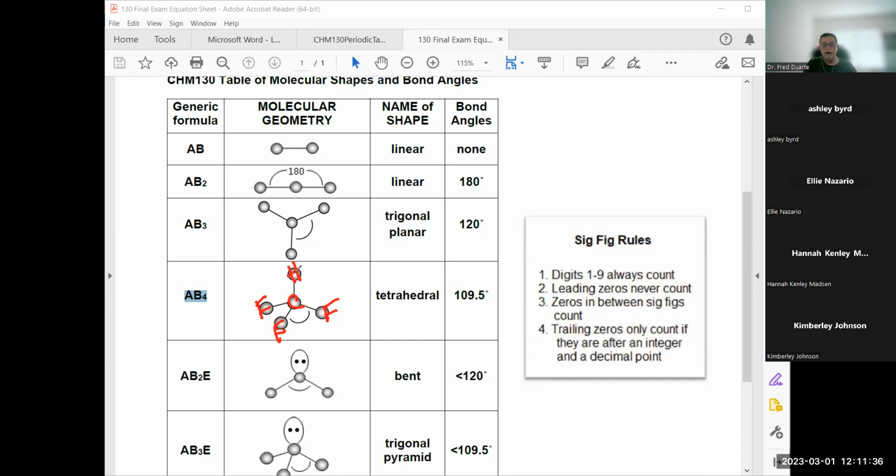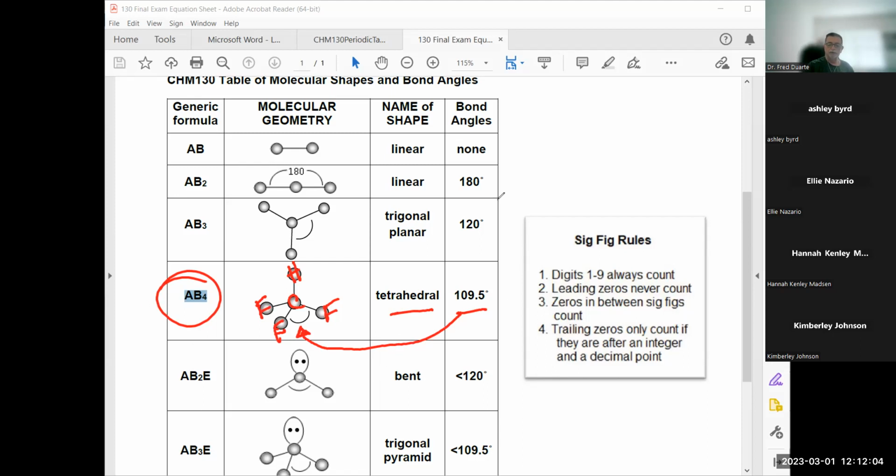So we have the name being tetrahedral, and then the bond angle between moieties that are bonded to the central atom in this case is 109.5. The tetrahedral tends to be the most common configuration we find, and then there are deviations from that.